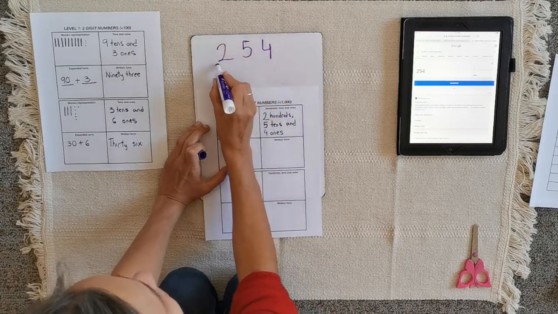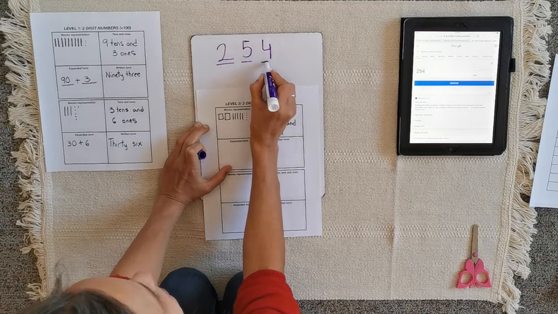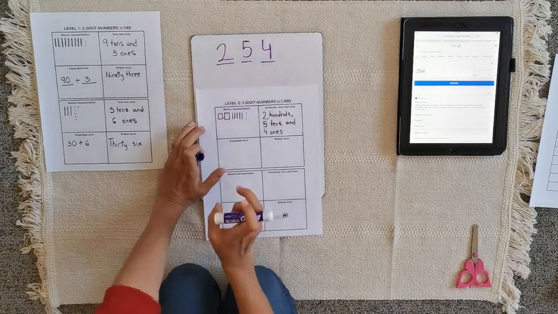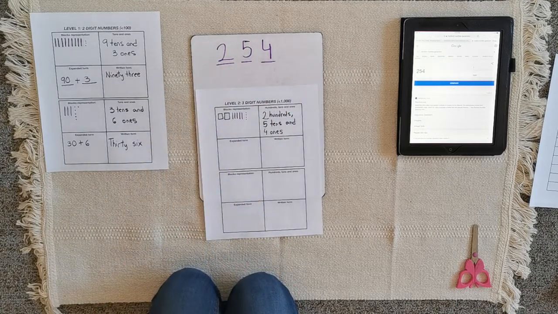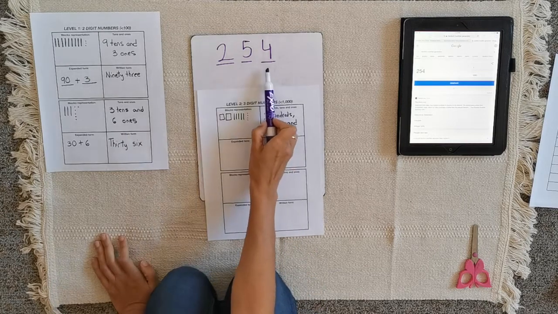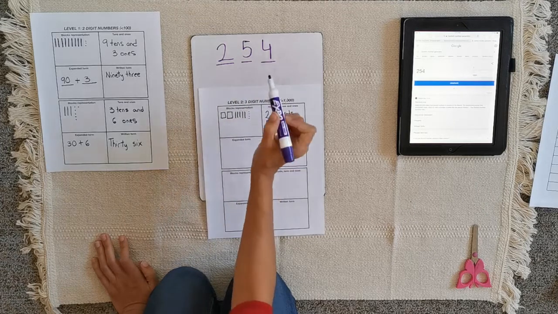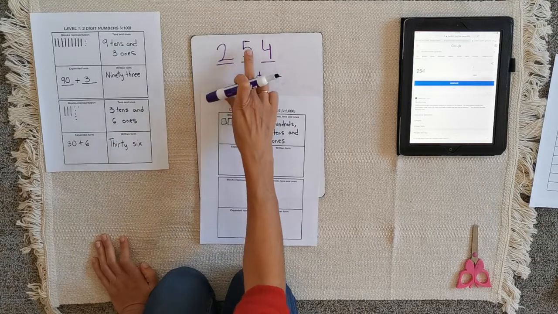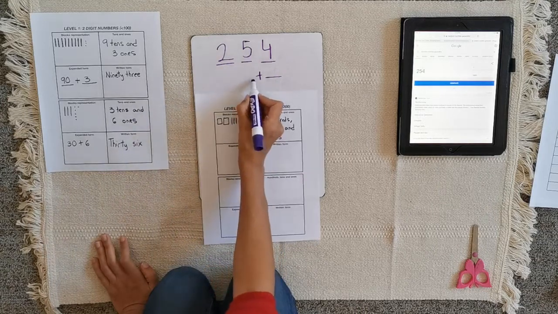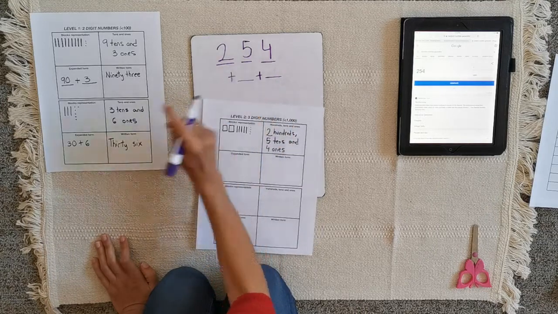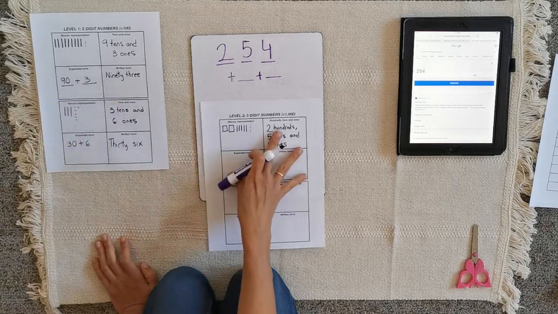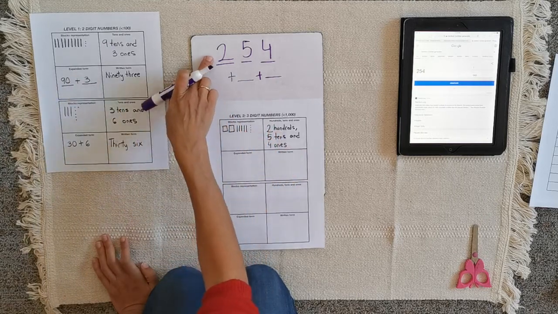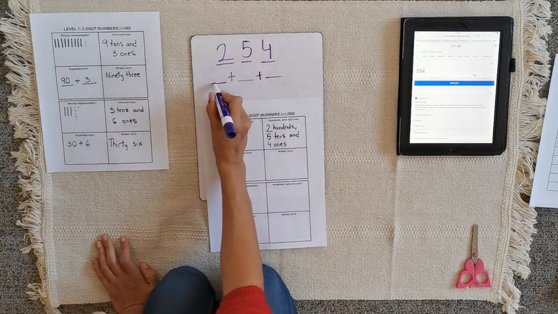So it has 1, 2, 3 digits. 3 digits means that we have the value of the 4 in the position of the 1s plus the value of the 5 in the position of the 10s, as we had over here, and then the value of the 2 when it's in the position of the hundreds.